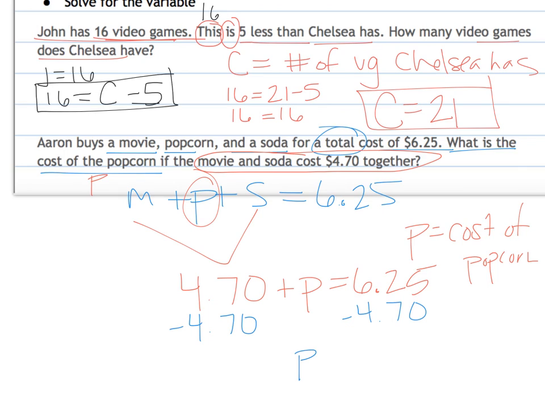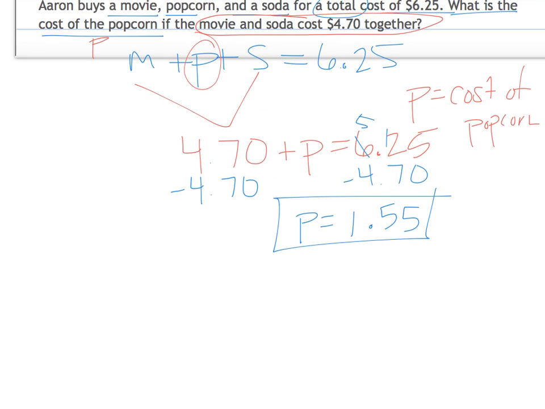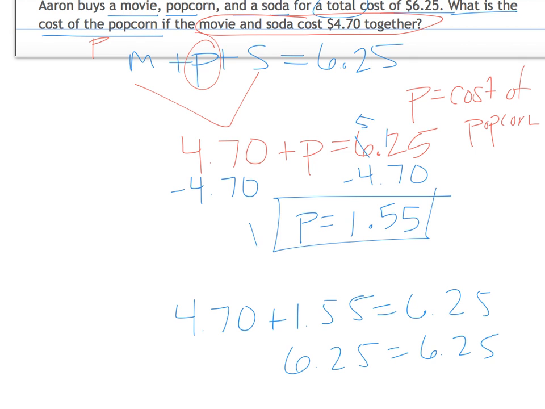So I find out that the popcorn, without the other costs, is going to be $1.55. So I can check that. If it's $4.70 for the movie and soda, and the popcorn's $1.55, that should equal my total cost. And it does, so I know how much my popcorn was.